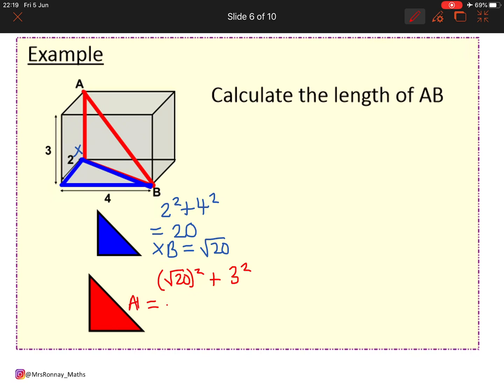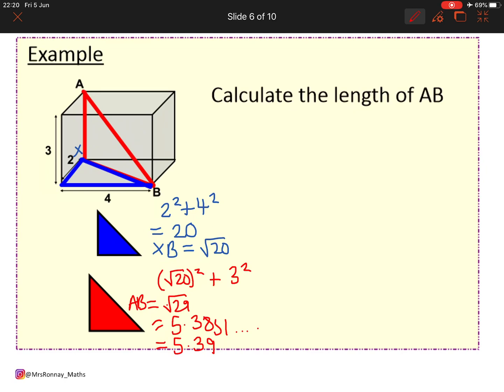So AB equals the square root of 29, which I'll get a calculator for that one, which is 5.385 and so on, so 5.39, and there's no units. So that's where we're at just now. So the length of AB is that.